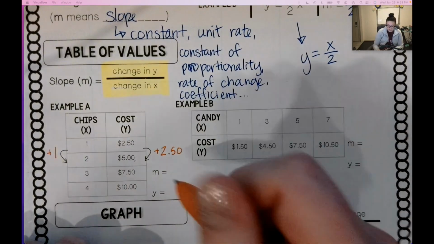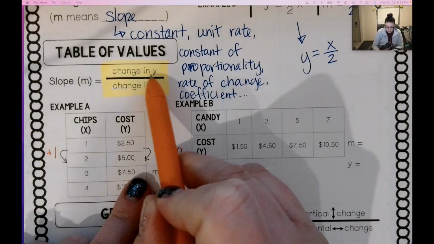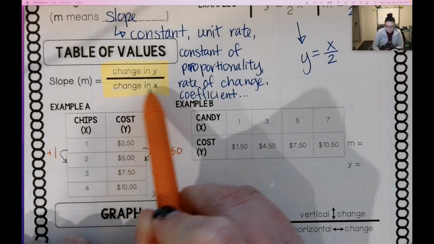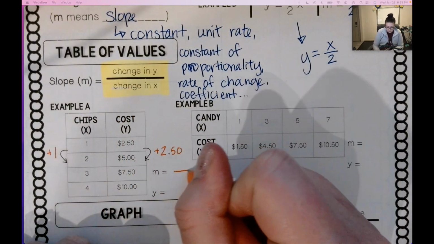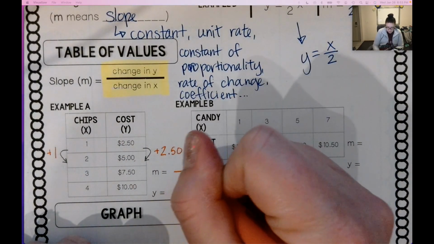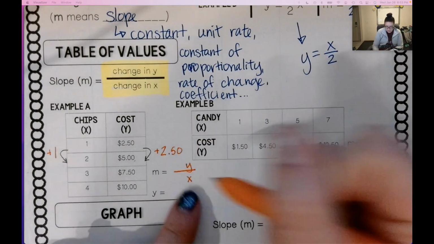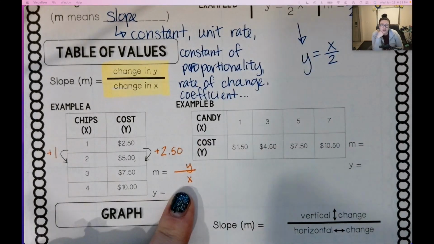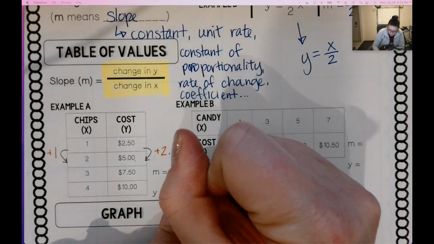So for me to calculate the slope, I need to put the change in my y over the change in my x. Remember how we talked about math people work smarter, not harder? The way that we show change in math, instead of writing out the words change in, we like to draw this triangle.